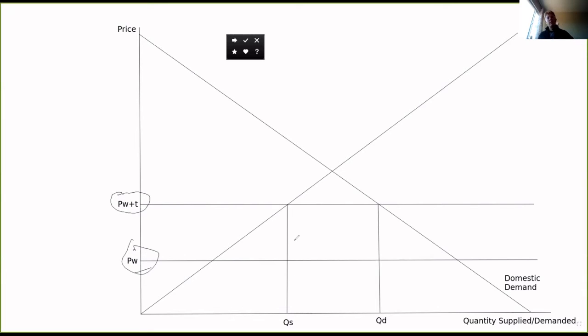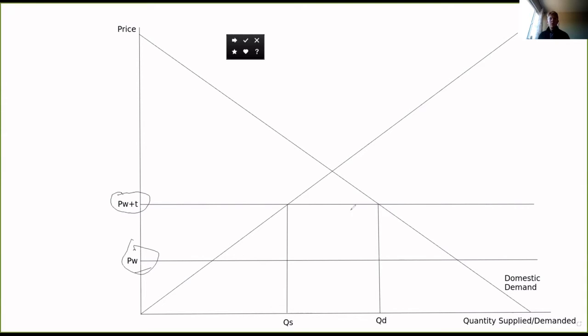Now, with the tariff, suppliers are going to be willing to supply more than what they were willing to at a lower world price. And so domestic supply increases. With this specific tariff, suppliers are going to sell QS. Now I can label a couple of areas here and think about what they mean for consumers, producers, and then the government.